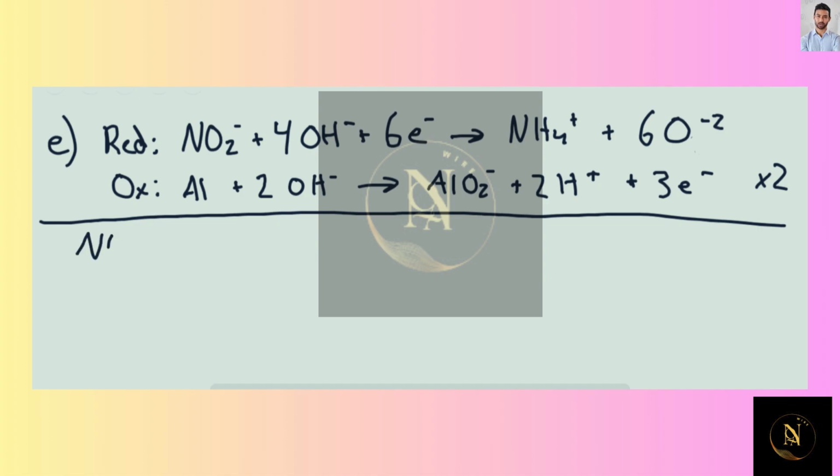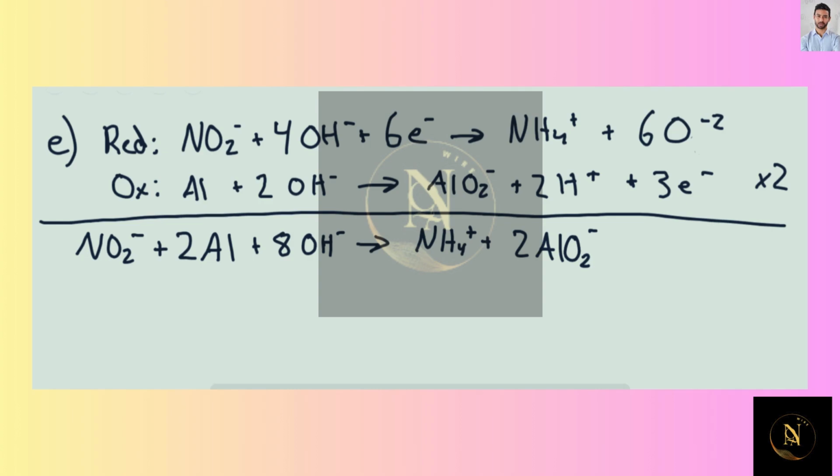And then when we add them up, we get NO2 minus plus 2 aluminum plus 8 hydroxide, producing NH4 plus ammonium plus 2 AlO2 minus. These hydrogens here, which are produced here, will react with the water that we have, the oxygen that we have here, to produce water.